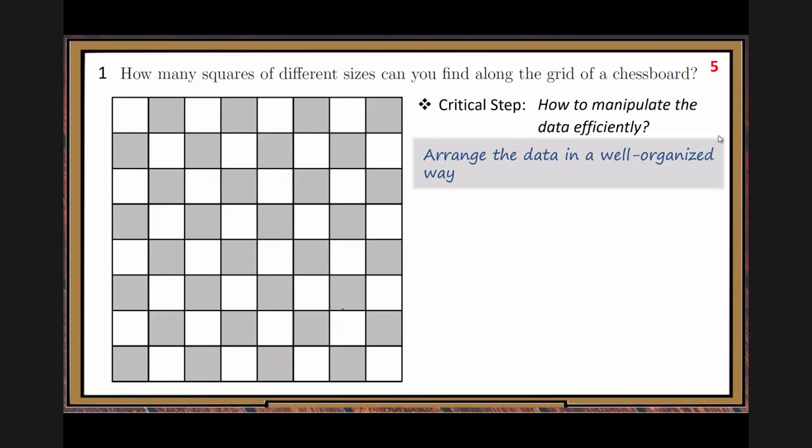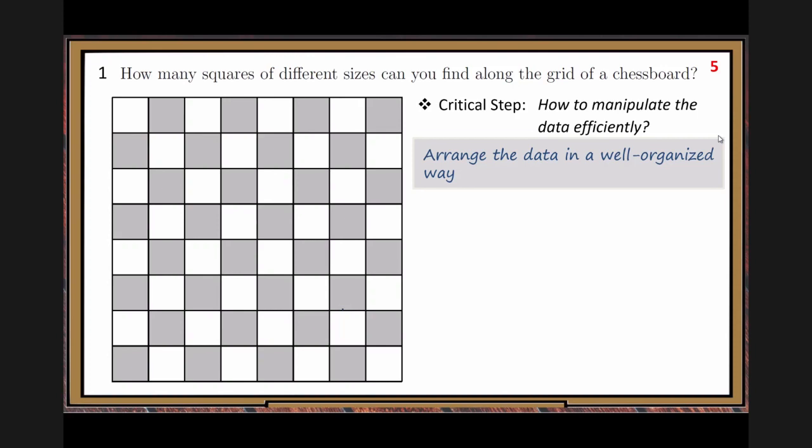So one important step is to organize your data. Here, how do we organize our data? By the width and length of each square we're making, like 1 by 1, 2 by 2. Based on the sizes, because we know the maximum is 8, we can never get over it. So here we characterize our data.